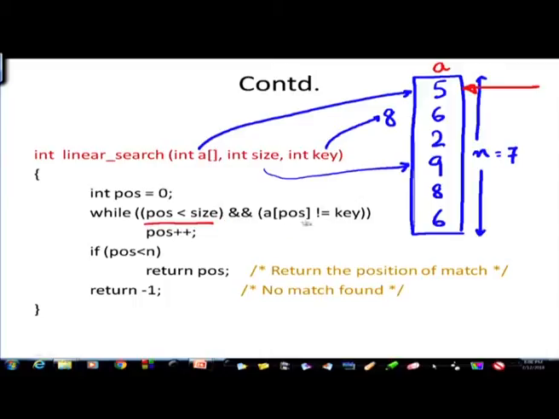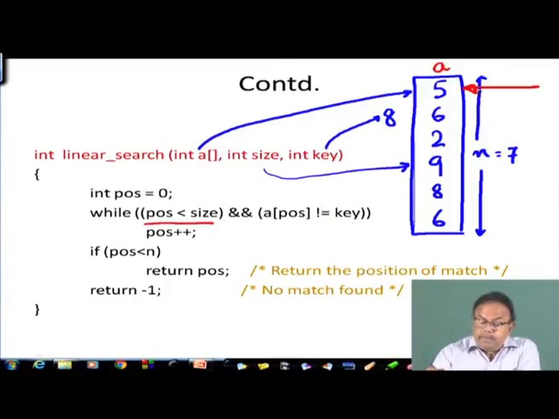And if A of pos is not equal to key, suppose my key is 8, then I will increment pos, I will check for the next element.